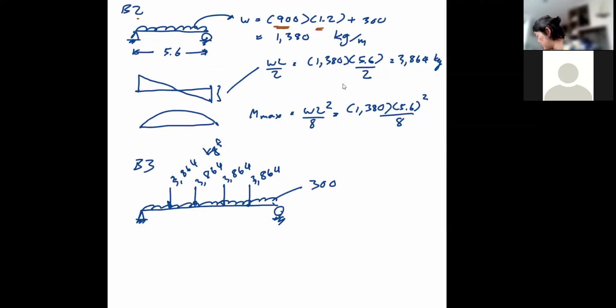So the W is 1380. Now we can calculate the shear. We have that 3864, and the maximum bending moment shall be roughly 54110 kilogram meter. So now we can focus on B3.